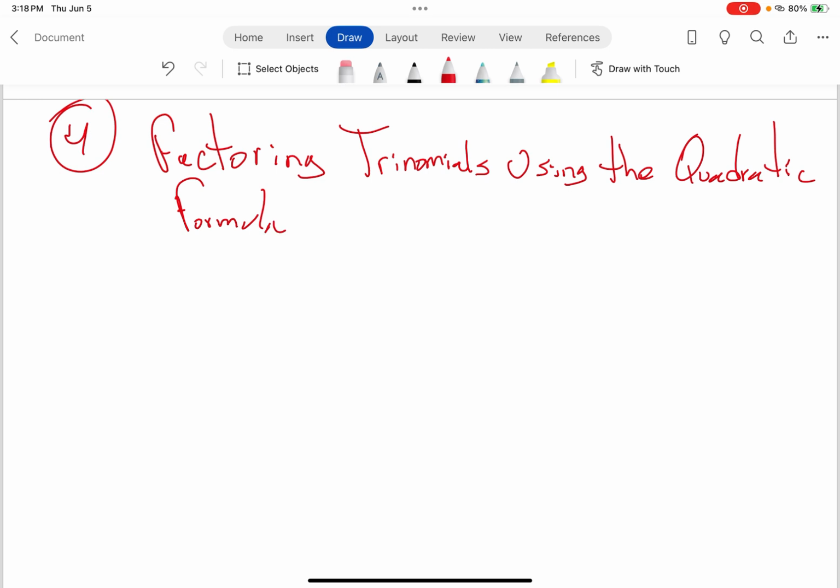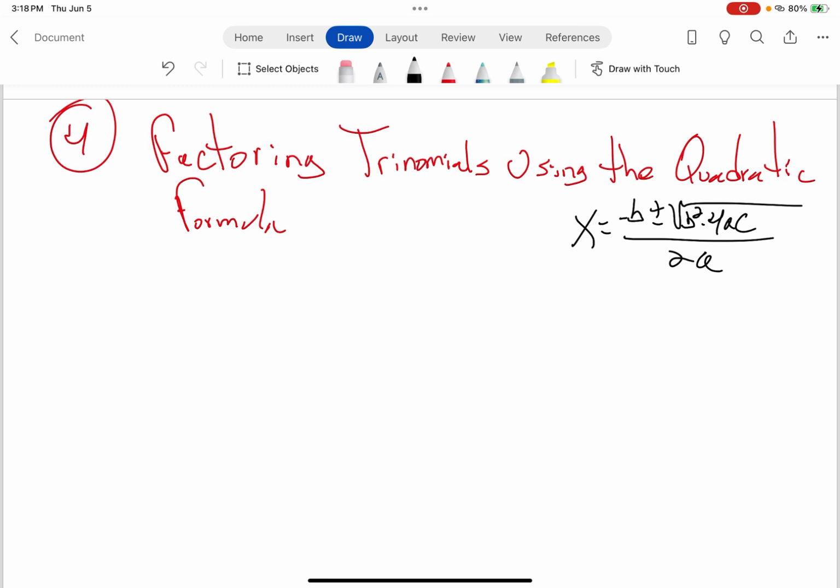So the quadratic formula, if you don't know, is x is equal to minus b plus and minus the square root of b squared minus 4AC, all this divided by 2A.